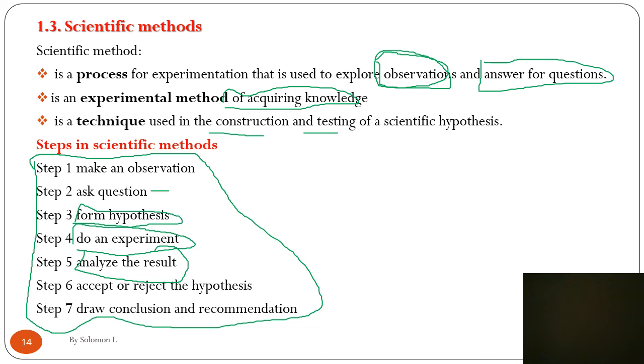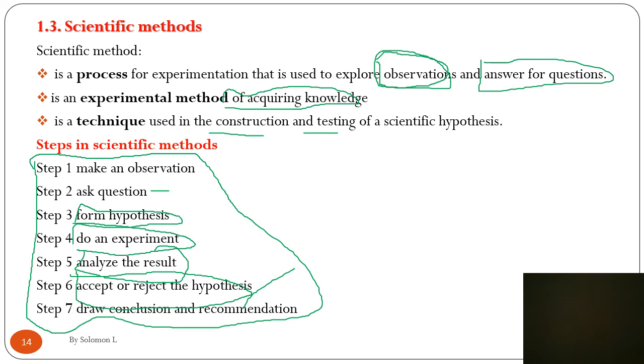Then, based on our result, we may accept or reject the hypothesis. Therefore, accepting or rejecting the hypothesis is the sixth step. And the final step is to draw a conclusion and recommendation. Based on the result, we conclude and we may put a recommendation.